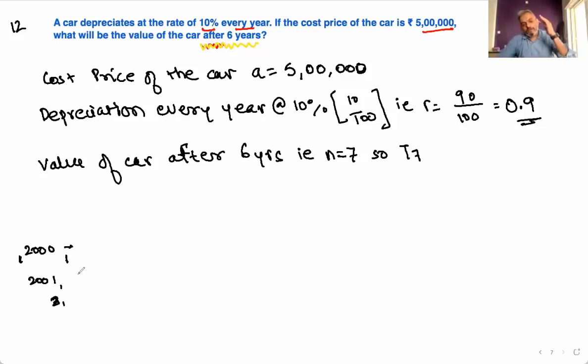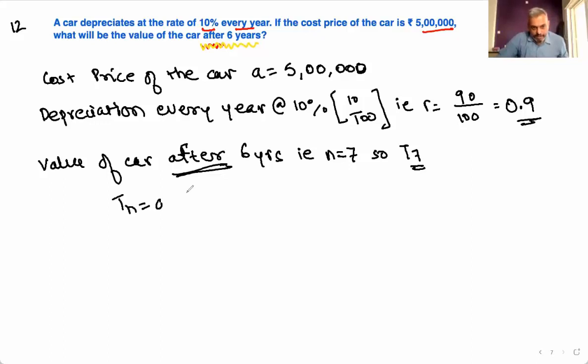So 2006 के एंड में, so that will be the 7th term. That is why, although it is given 6 years, the word used over here is after. So we take it as 7. So Tn is equal to A into R raised to n minus 1.